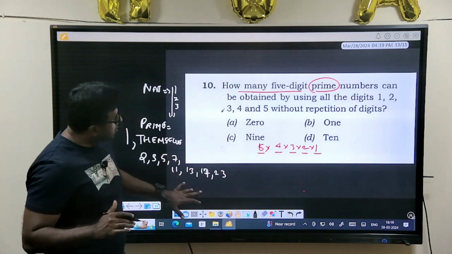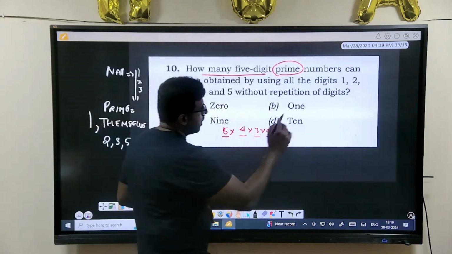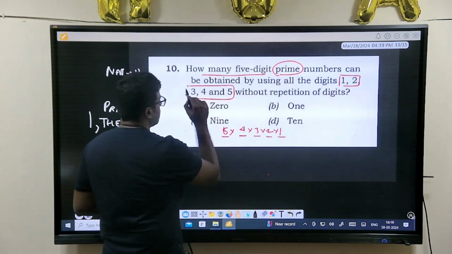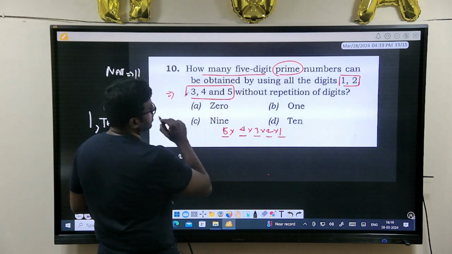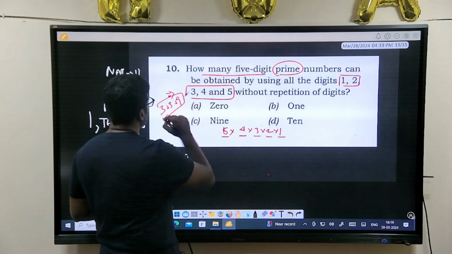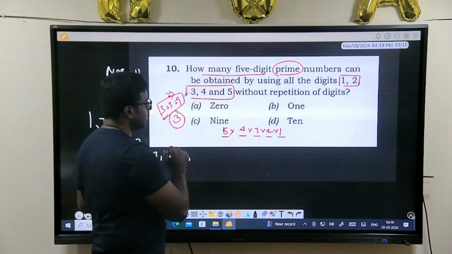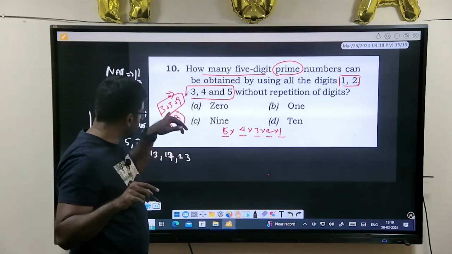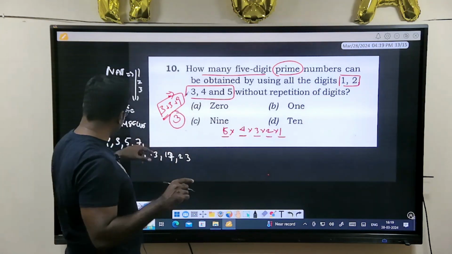But now come to this fact: add all these digits. If you add all these, it is coming 15, so it is divisible by 3. If a number is divisible by 3, it's not a prime number.